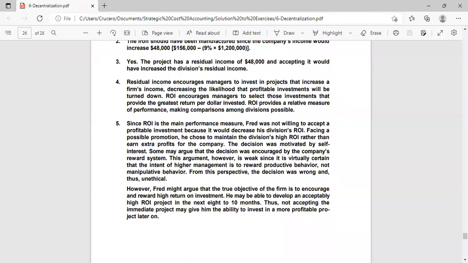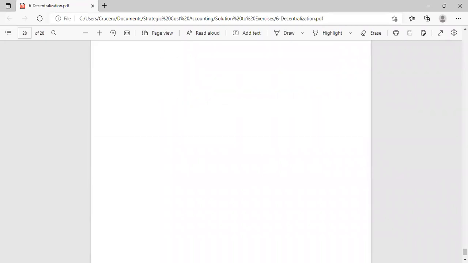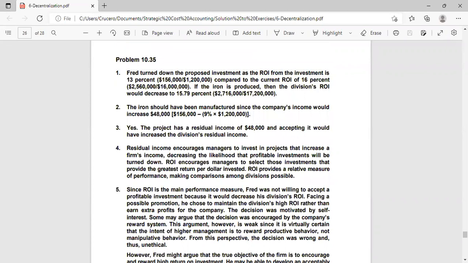So in other words, aside from solving our problems, here we also have to give attention to ethical considerations.